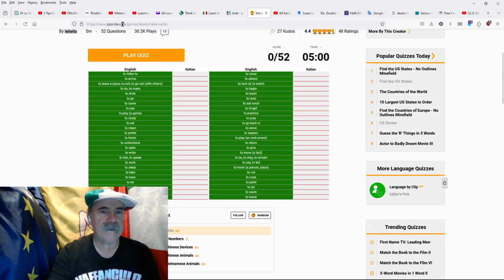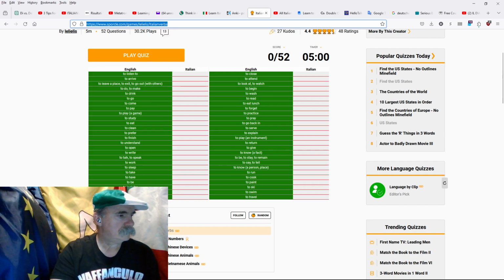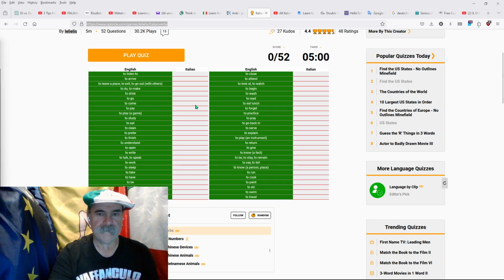And then this is a verb quiz. It has 52 verbs and gives you 5 minutes to type them in. And there's still 2 over here that I haven't learned. To return, to go back in.